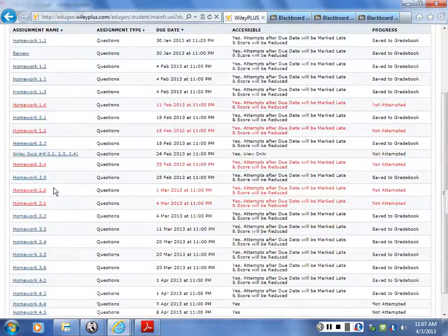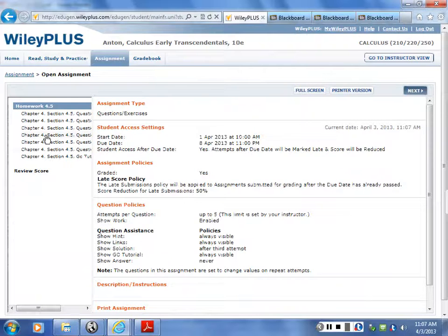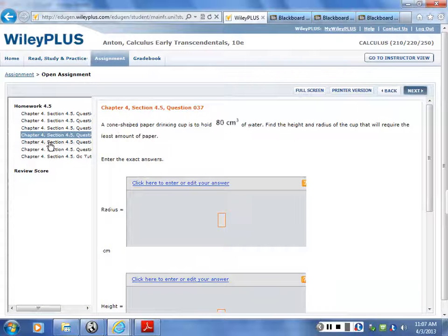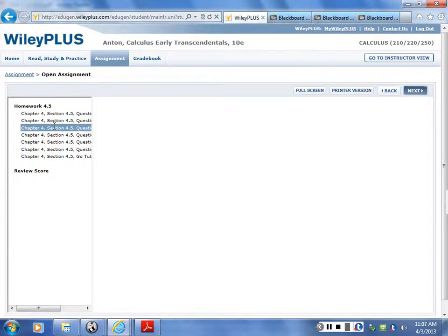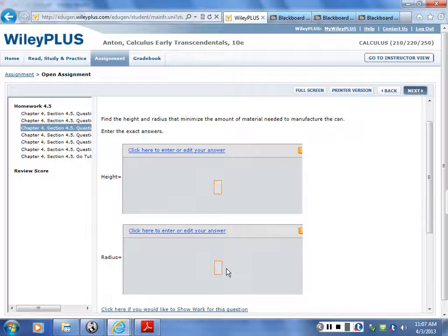But once you find the radius, you plug that in for the height, and you should expect the height to be twice the radius. So this one is randomly generated, right? 650 is different, so your radius is going to be different. But to check your answer here, you should expect the height to be twice the radius.